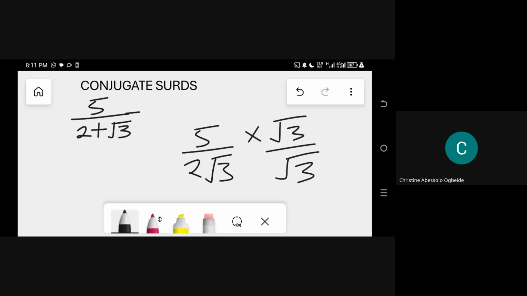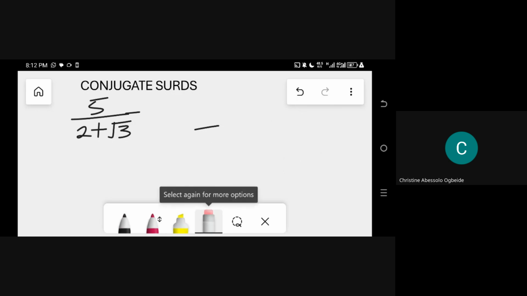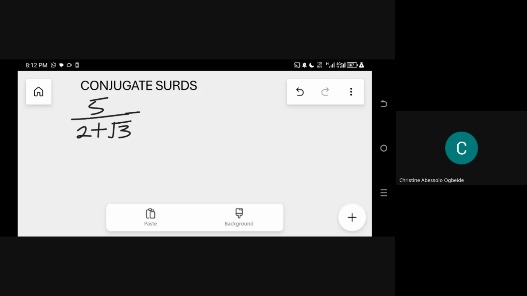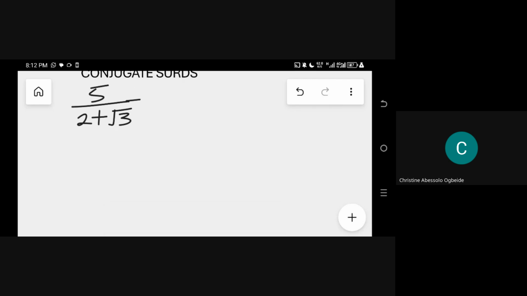But in this case, there is a plus there, or if it's a minus, what you do is rationalize by multiplying with the conjugate. This brings us to what a conjugate is. Remember, it is the denominator you have the problem with. You have no business with the numerator.